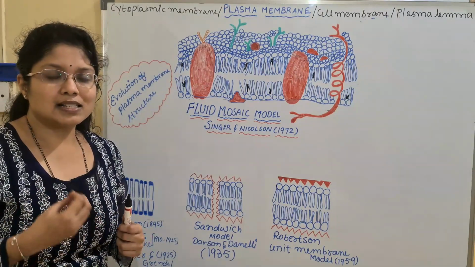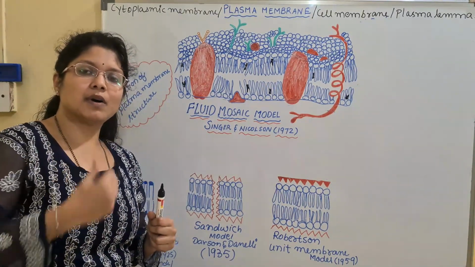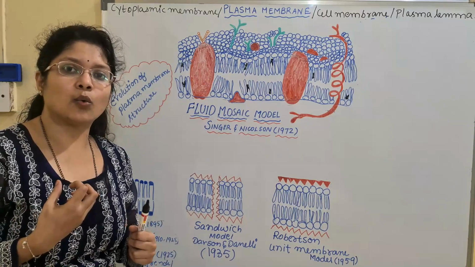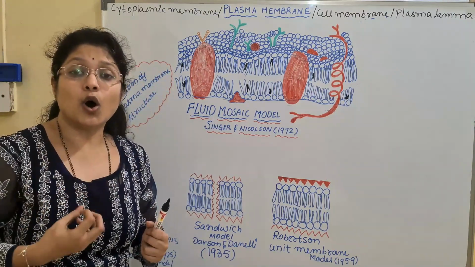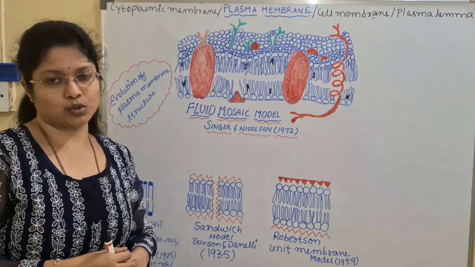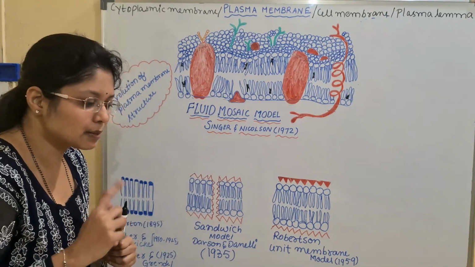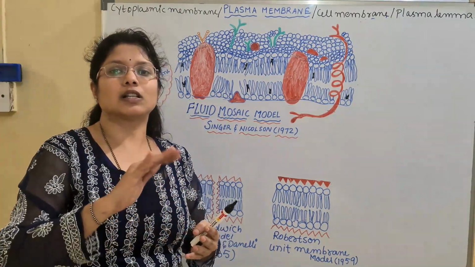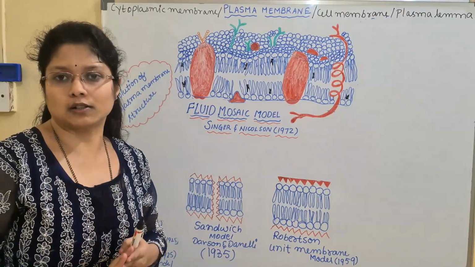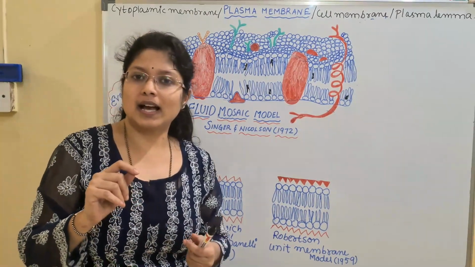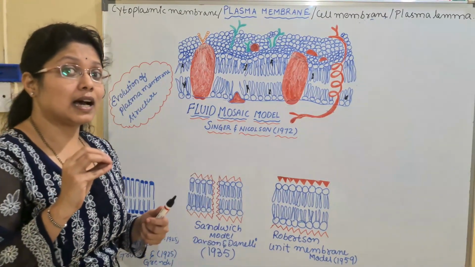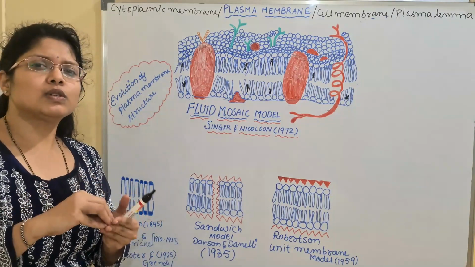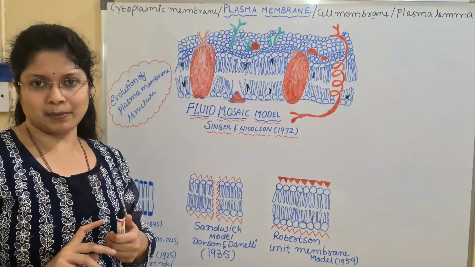Later he observed that this plasma membrane easily allows the entry of non-polar molecules. So what is the second observation? One, he observed that it is easily dissolved in fat solvent, that is, non-polar solvent. And second, he observed that non-polar molecules are easily passing through this membrane.